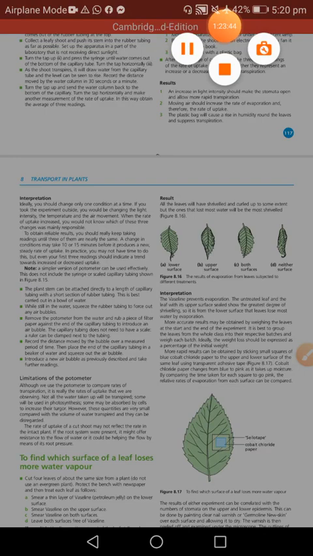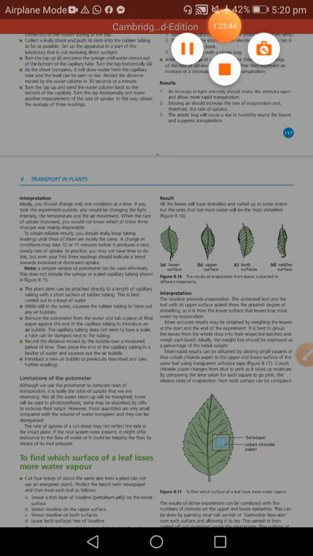That means warmer air is hungry for water vapor. So, if you increase the temperature, then the air surrounding it will want more water vapor, and so water will be lost from the leaf to the surface, and thus more transpiration is occurring. Therefore, the rate of transpiration will increase as the temperature is increased. Okay.